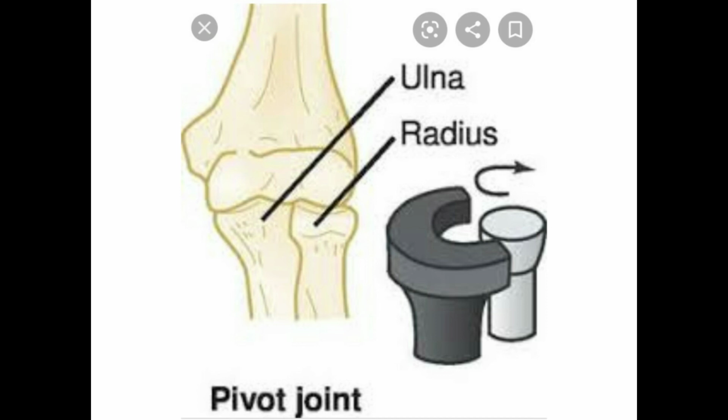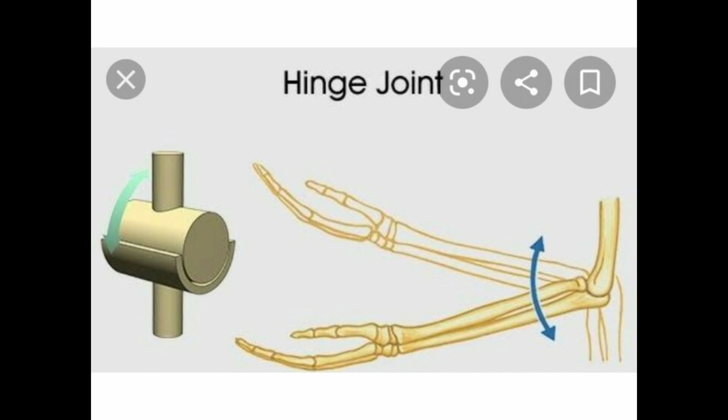Pivot joint. This type of joint is found between the first and the second bone of the vertebral column. It allows bones to twist around other bones, like nodding of the head and its movement from side to side. This type of joint is also found in the radius part of the elbow. Hinge joint.